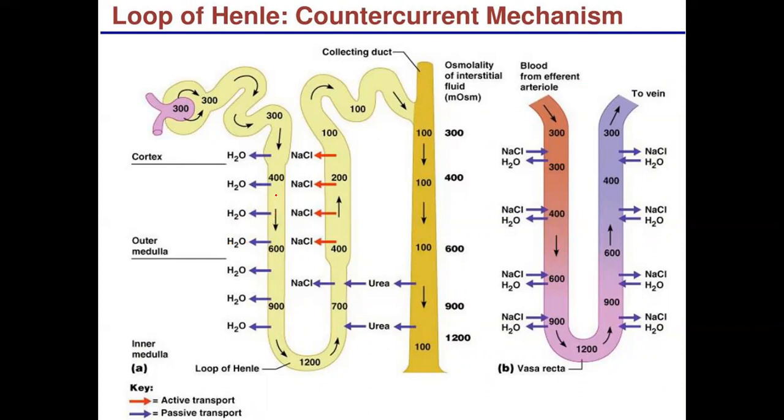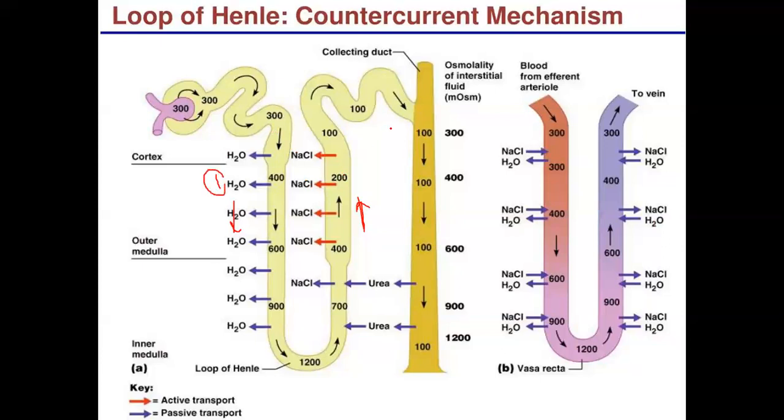In the Henle's loop, you can see this is the descending limb, and this is the ascending limb. In the descending limb, filtrate is going in the downward direction, and in the ascending limb, it is going in the upward direction. So opposite flow. This constitutes the first countercurrent.